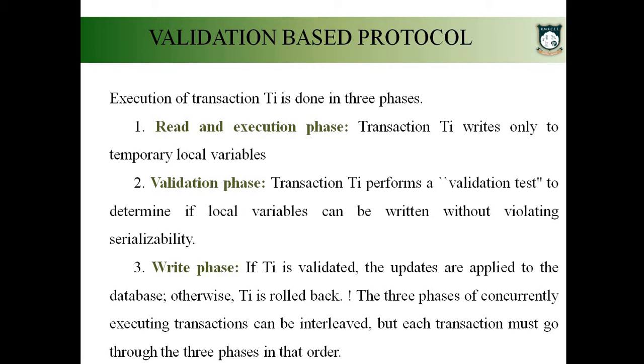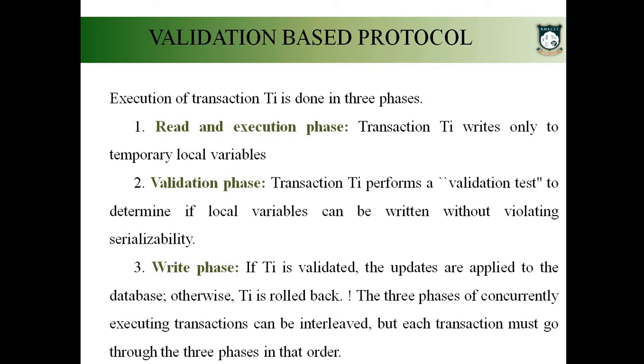So this is what happens in read and execution phase. The next one is validation phase. In validation phase, whatever results it already has in its local variable, whether those results can be updated in the database or not will be checked.